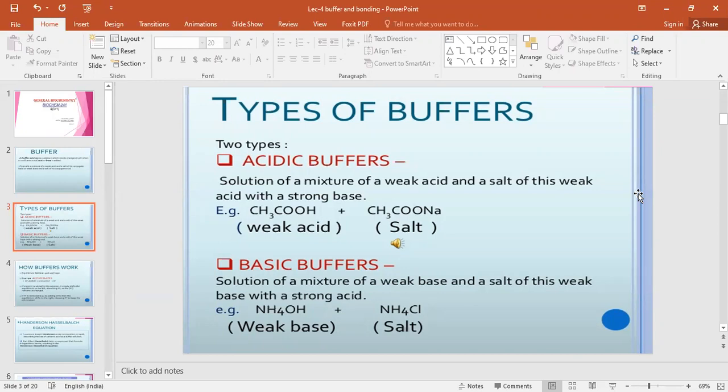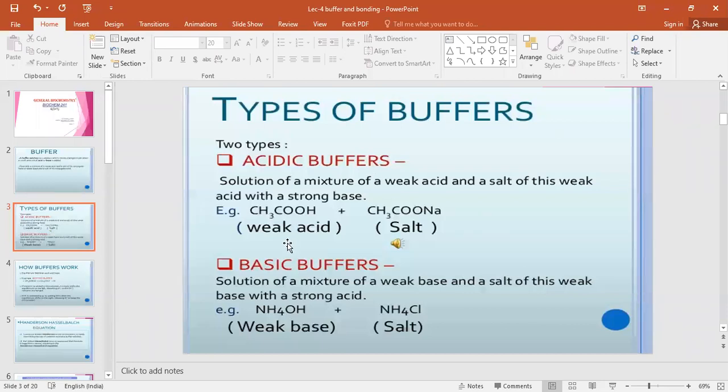For example, the weak acid acetic acid, CH3COOH, and its salt, CH3COONa. Na means sodium, so it is sodium acetate.